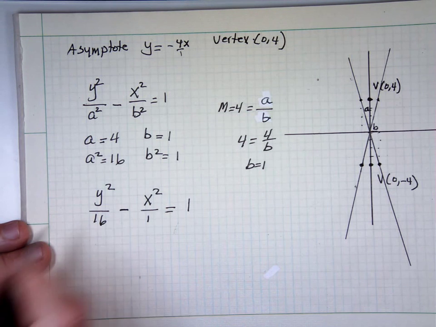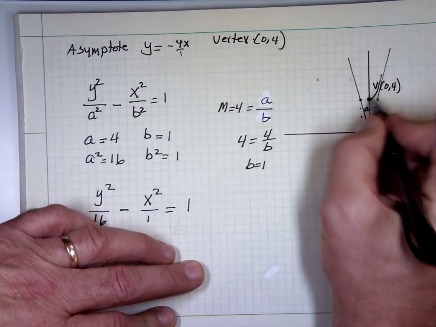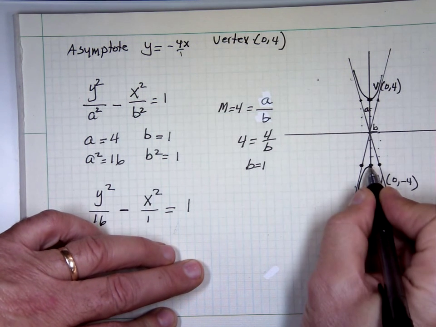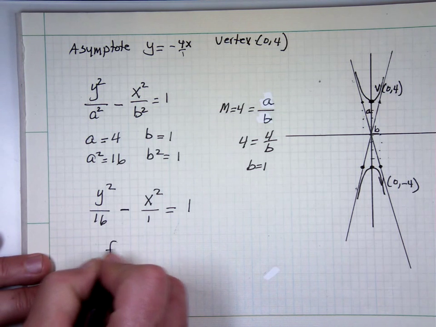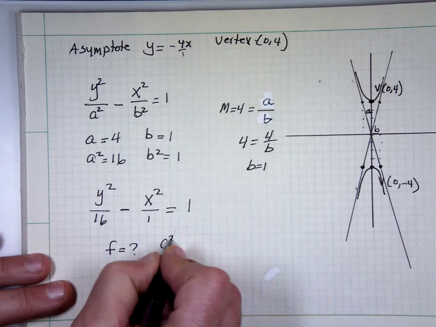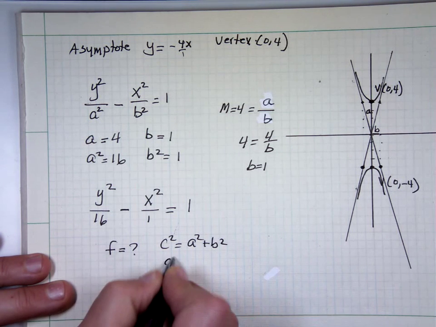If I want to graph it, really tight like that. Can we find what the focal point is? C squared equals A squared plus B squared. C squared equals 17.